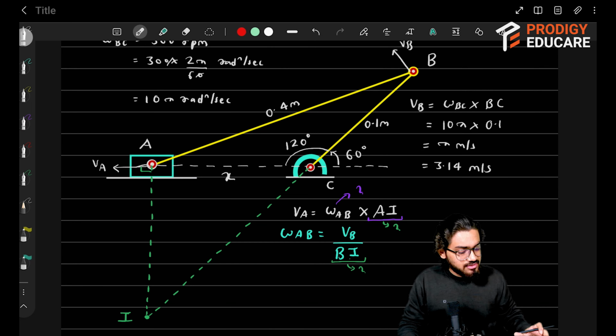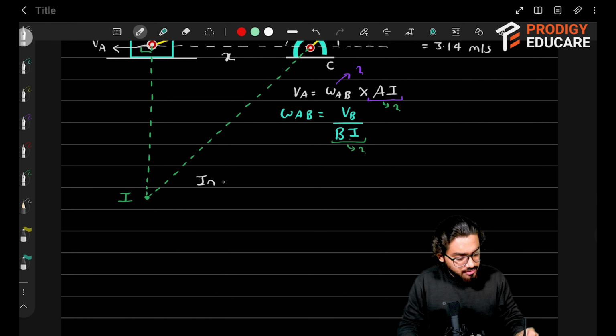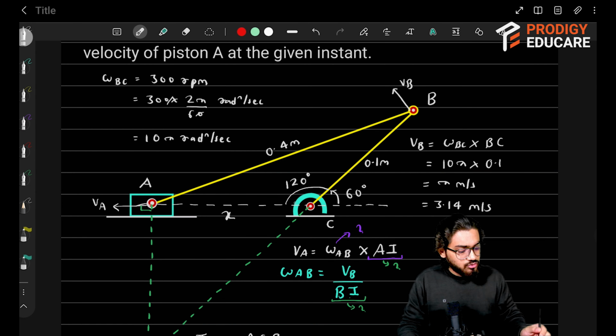So if I consider triangle ACB, what is going to be the value of cos of 120 degrees? According to the cosine rule, cosine of 120 degrees is going to be x square plus 0.1 square minus 0.4 square, the whole divided by 2 into x into 0.1.